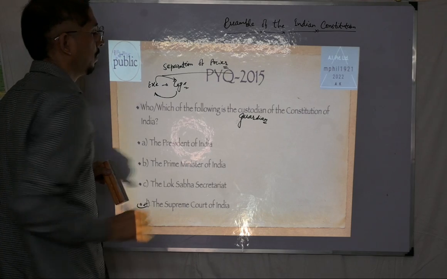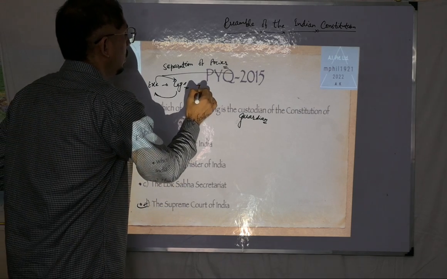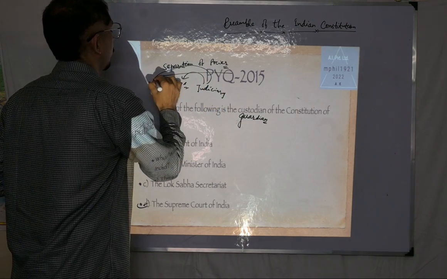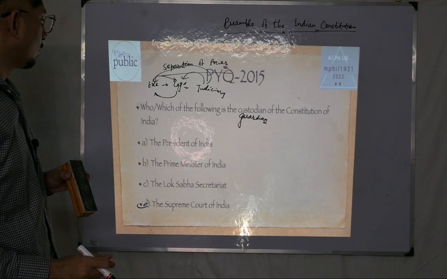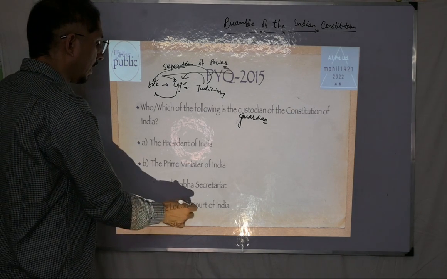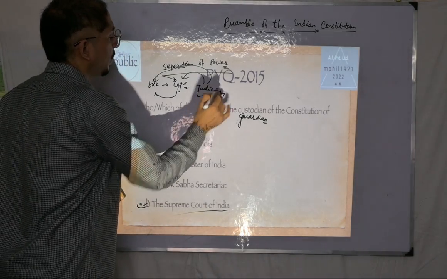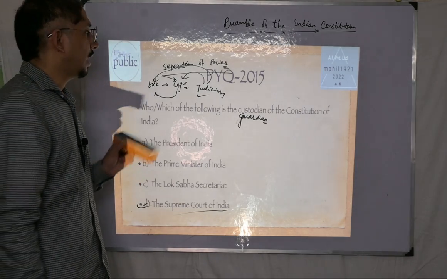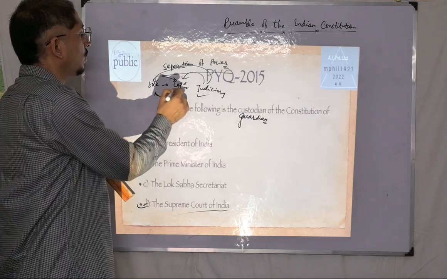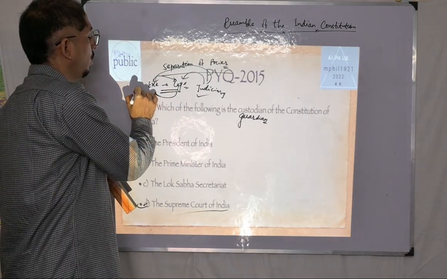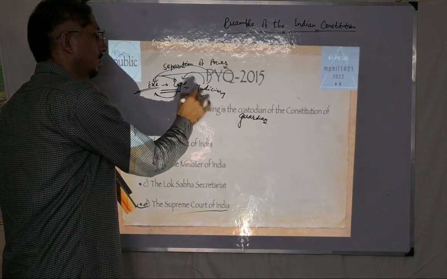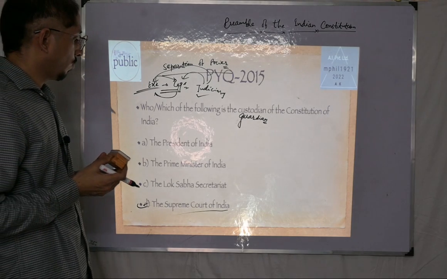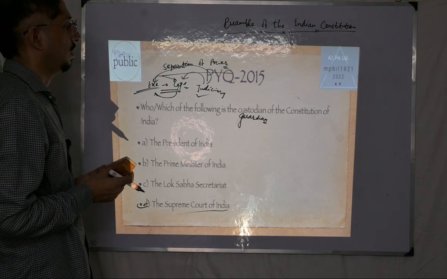These two keep checks and balances on each other, while the judiciary keeps checks on both of them. The Supreme Court of India is the guardian because the interpretation as well as the examination of the law lies with the judiciary. They are not the ones making the law or implementing it; the judiciary is looking after and protecting the law of the land. So the Supreme Court of India is the right answer for this question.